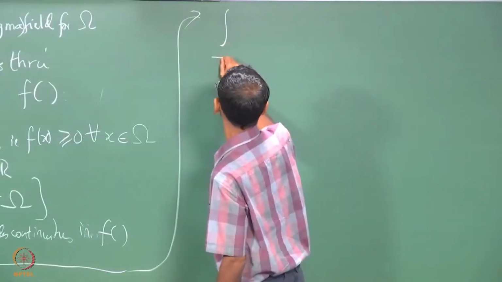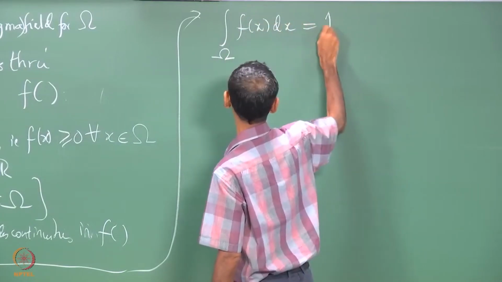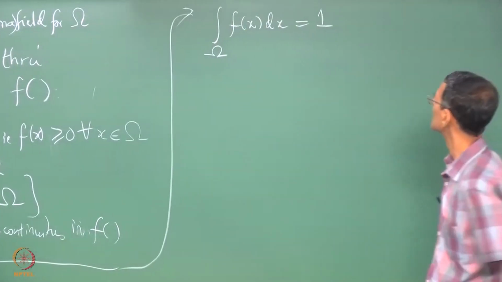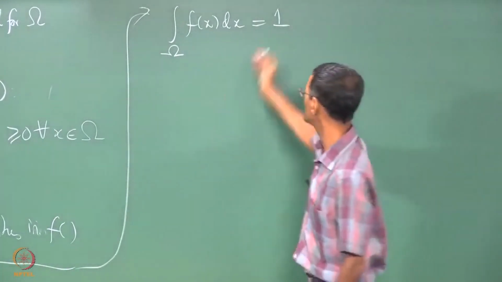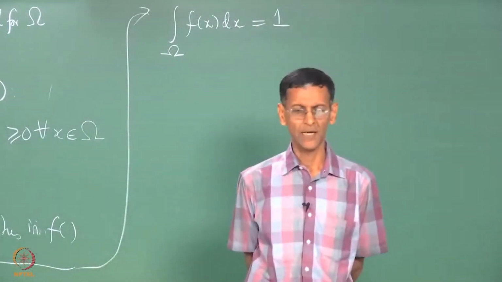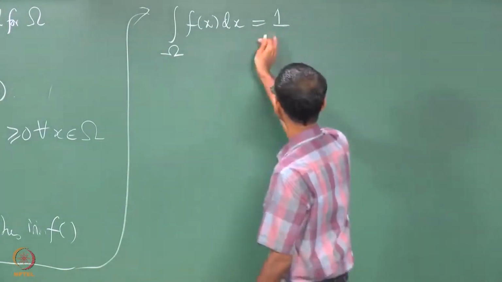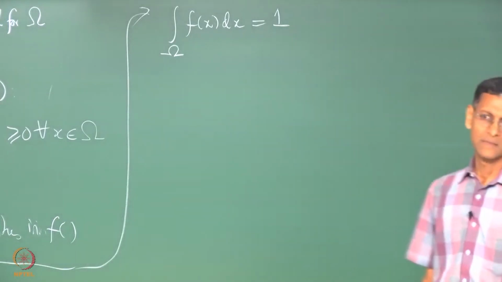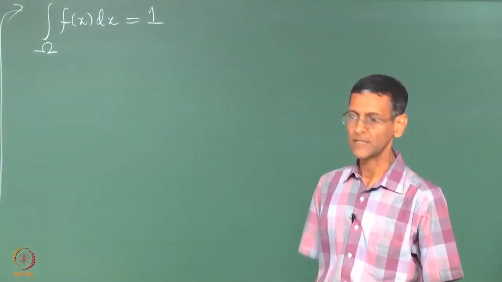So this integral over omega of f of x dx must be equal to 1. It must be non-negative and integrable. Integral over omega must be 1. This is just a normalizing condition, right? Even if this integral is finite, that is sufficient for us, because we can always normalize by the finite value of the integral to get unity, right?